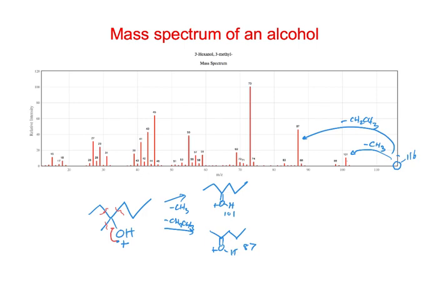Or it could lose the propyl group on the other side. Cleave it here. So here, minus CH2CH2CH3. This would give us this, which is at 73.